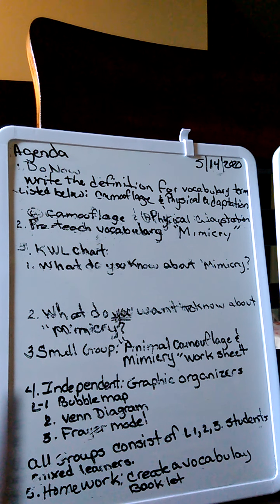In the third column, it asks you, what have you learned? What did you learn? So, we're going to move right along. So for the first column, what do you know about mimicry? I need you guys to tell me, what do you know about mimicry?